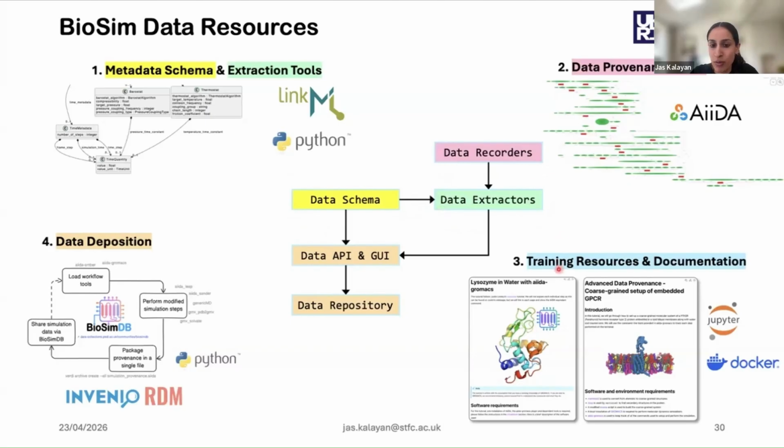At the moment we have tutorials on how to use our AIDA plugins that are available on JupyterLab and Docker containers. And then also a place to deposit data. So we have various ways in which you can deposit: using an API, a GUI, or you can deposit the data in any repository that you see fit.